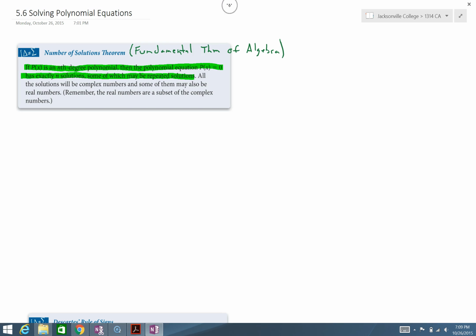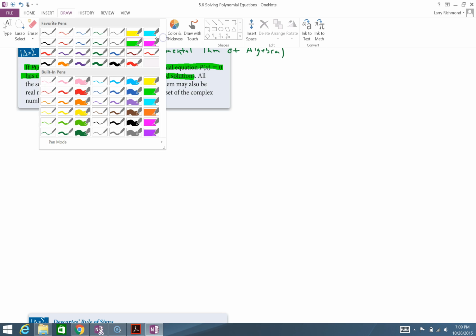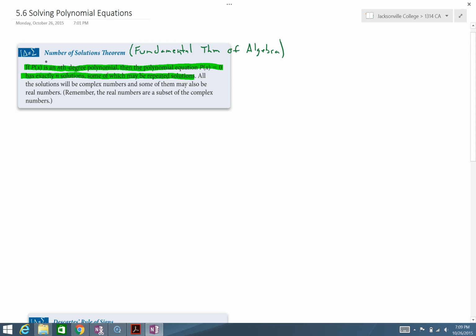For example, if we have f of x equal x to the 5th minus 4x to the 4th plus 2x squared plus 7, and we set this equation equal to 0, this equation will have 5 solutions.